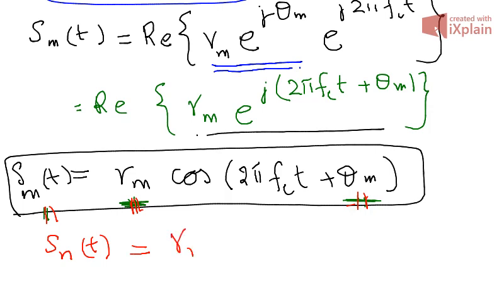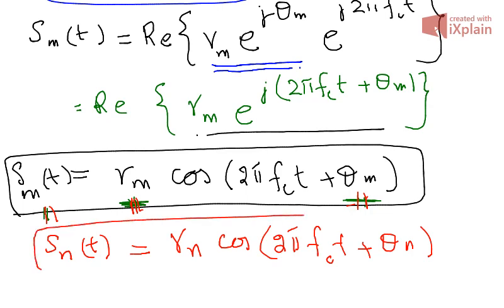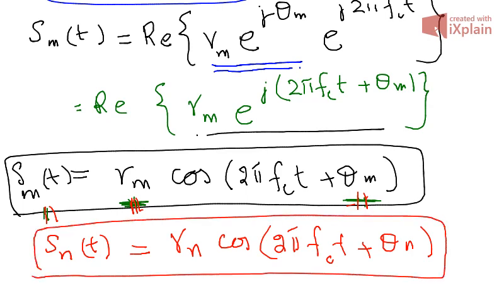it will have Rn and cos of 2 pi f c t. It is the same, just theta n will be different. So you have a unique pair of Rm and theta m for each Sm. For each symbol you have a unique pair of amplitude and phase.